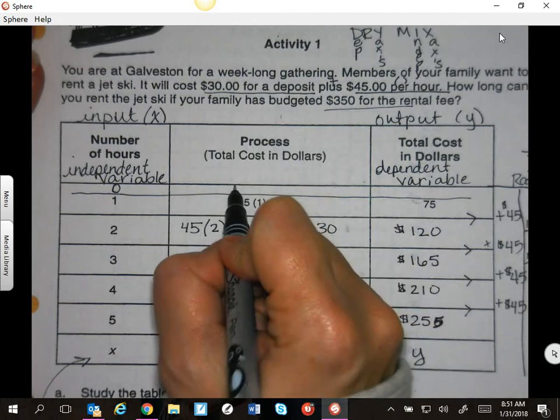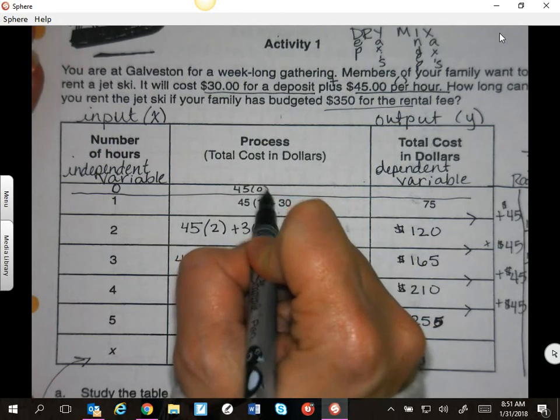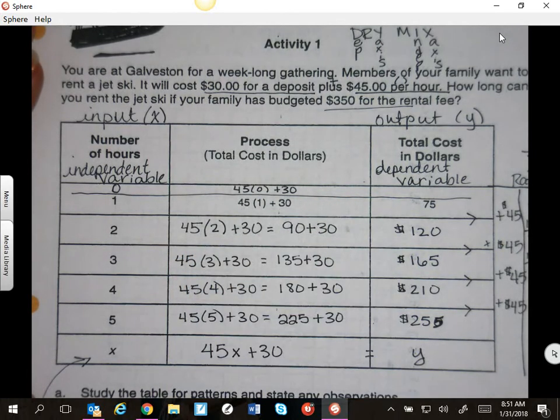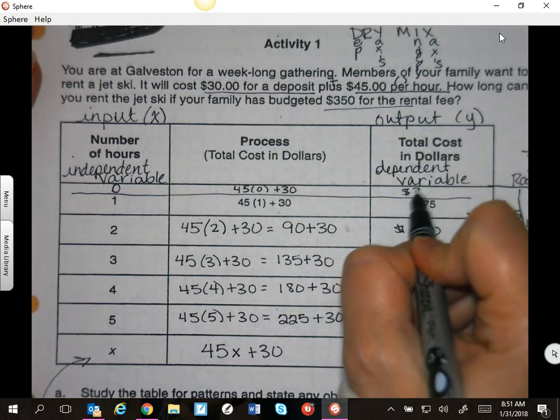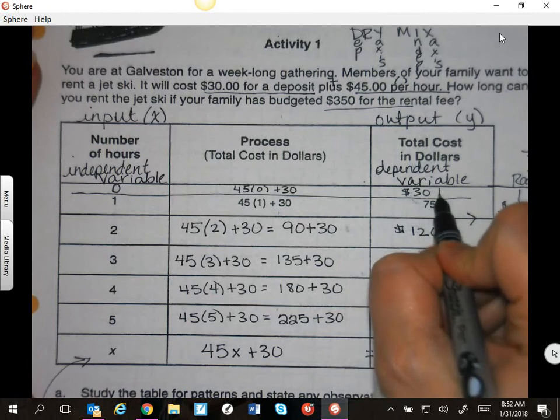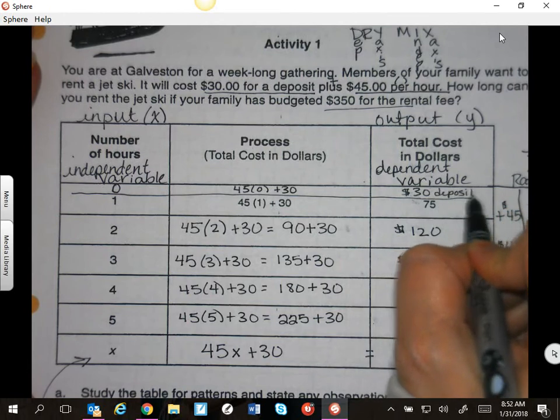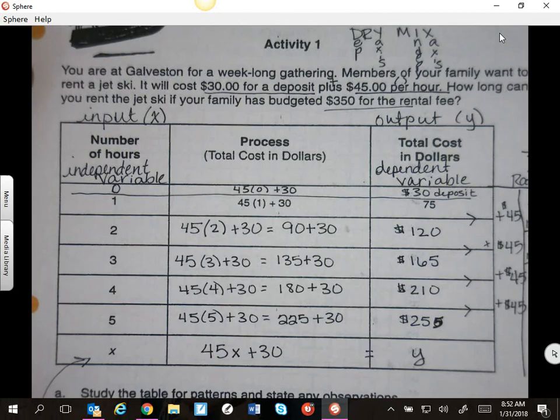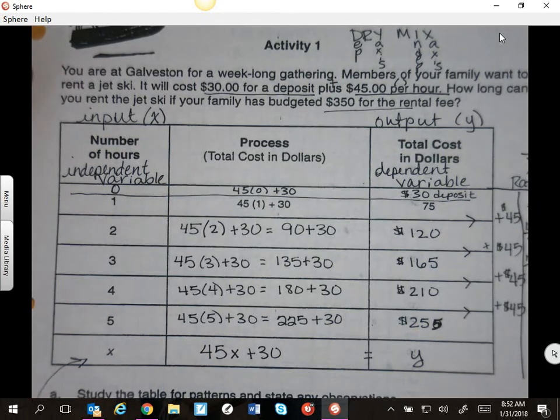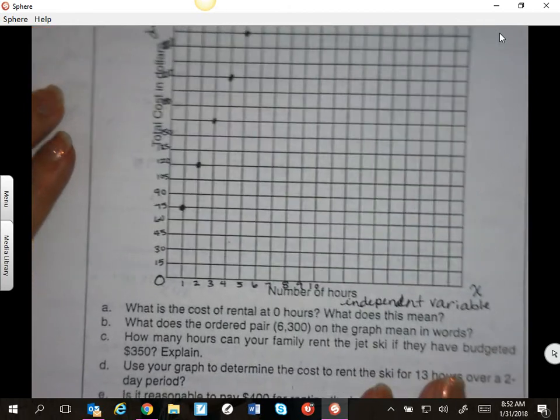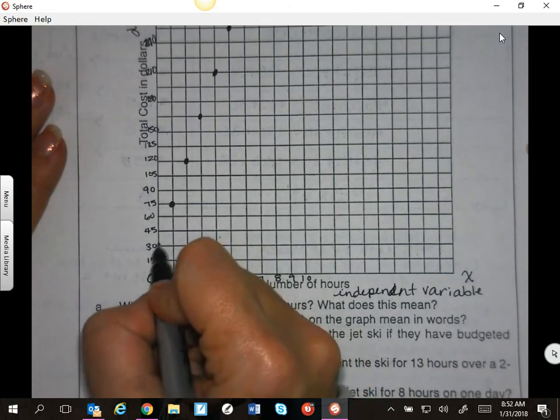So this would be 45 times 0 plus 30. Well, 45 times 0 is 0, plus 30 is $30. And that represents the deposit. So before you even are allowed to take the jet ski out, it is going to cost you a $30 deposit. So we can go back here, and we can say 0, 30.